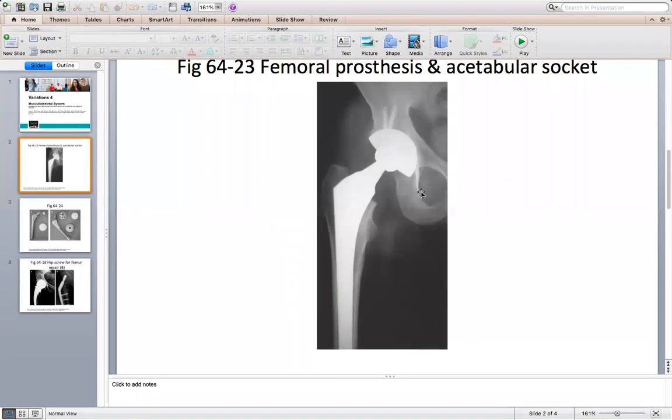And basically what that means is any area that is inside of the joint itself. So if I have an intracapsular fracture, it involves either the ball, which is attached to the femur, or the socket that it sits in called the acetabulum.